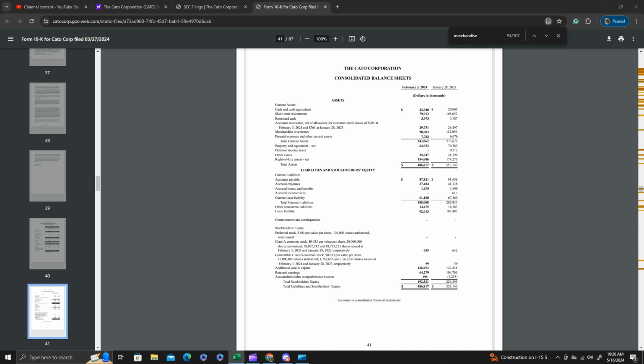Now let's get the total liabilities. And we just want to do... So we got total current liabilities. So these are liabilities that will have to be paid off in a year. We have 188,008. And then we have other non-current. So these will be your long-term.